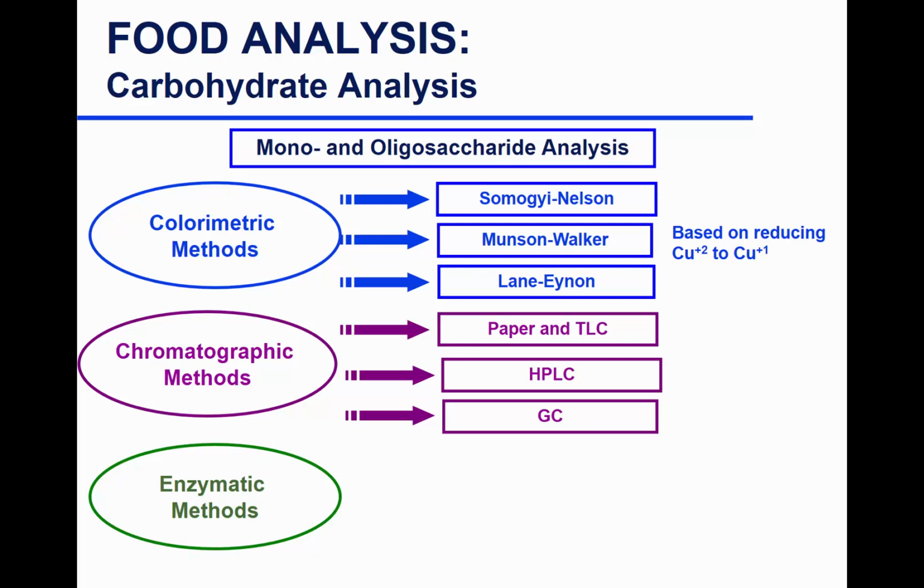And then the chromatographic methods, so you can do screening with paper and thin layer chromatography, or we can do quantification with HPLC and GC. And then there are the enzymatic methods, which are kind of like bread and butter for carbohydrates, because determining total starch, total carbohydrate, and total dietary fiber, for example, is really heavily based on enzymatic methods.